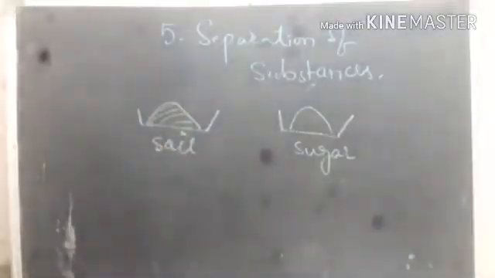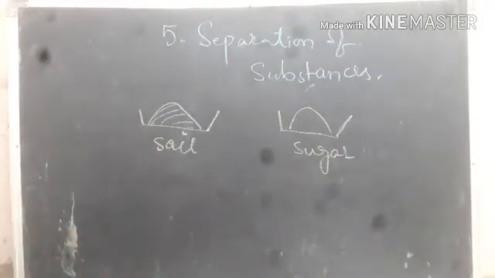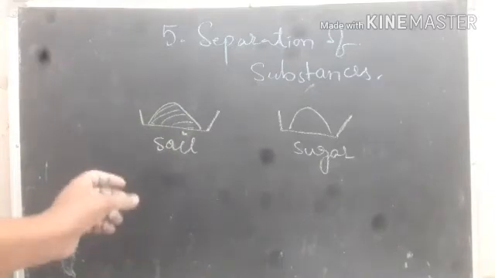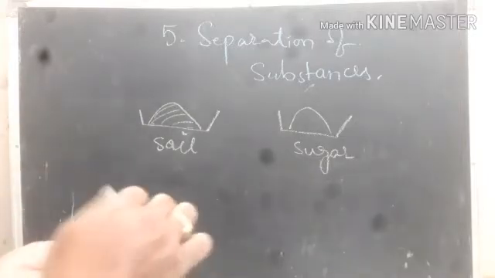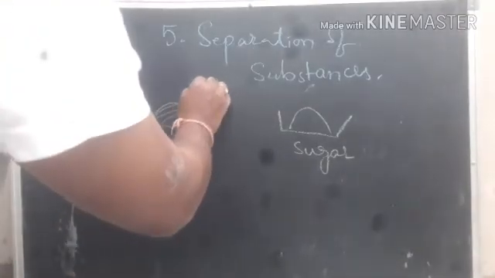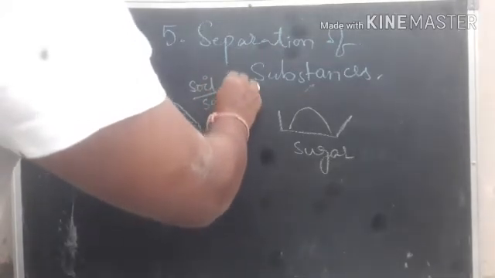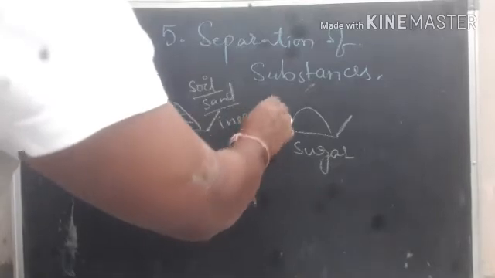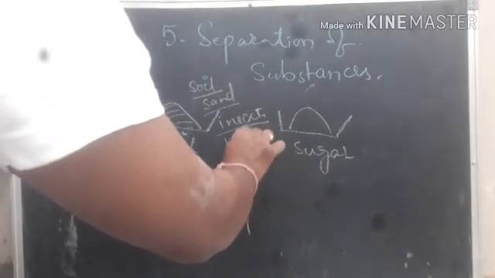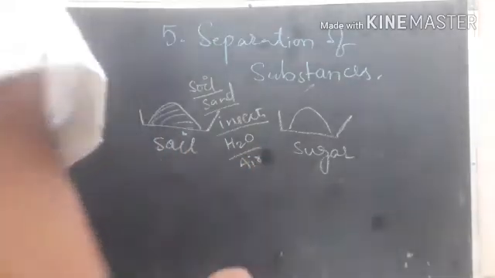When you notice them carefully, do you find any difference between them or not? Definitely yes. Why? Because when you observe the soil, what are you going to find? There are soil particles, and you could find some sand, insects, a little amount of water, and we can't see it, but there is a little amount of air.